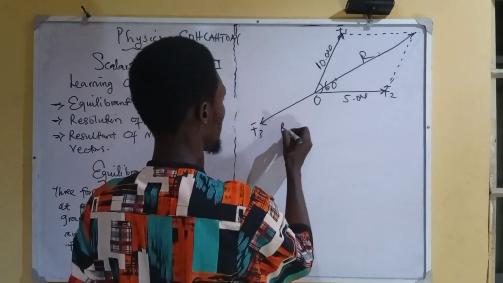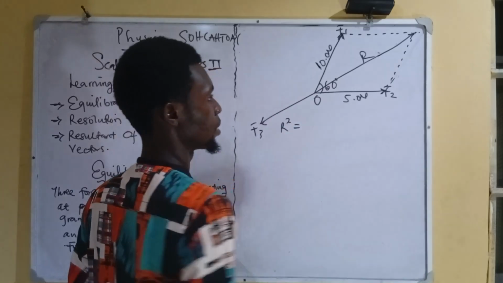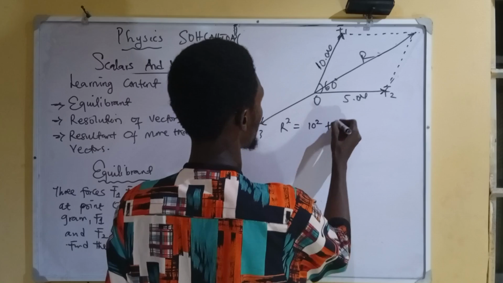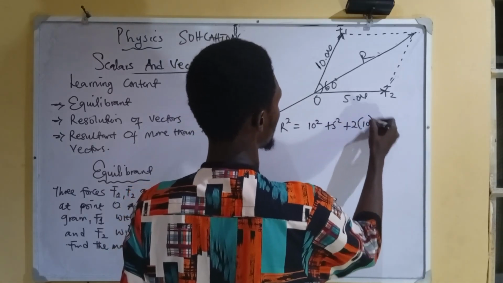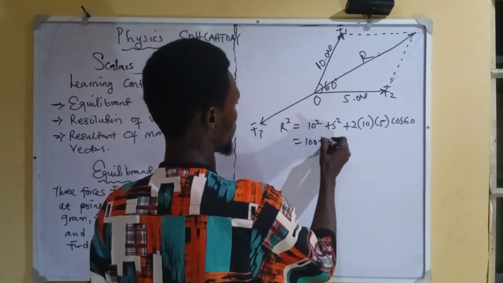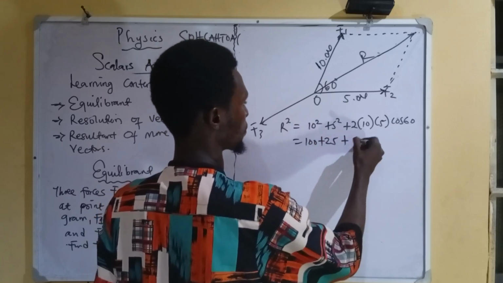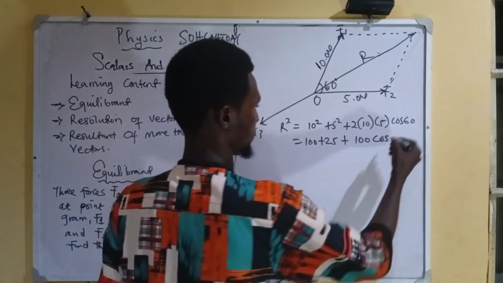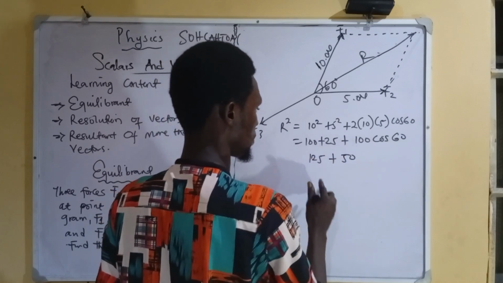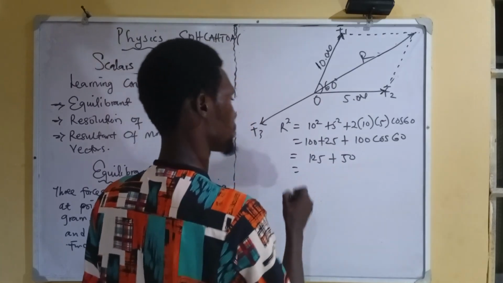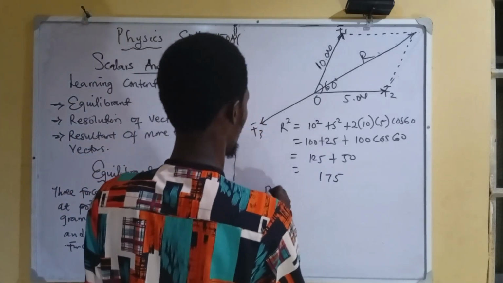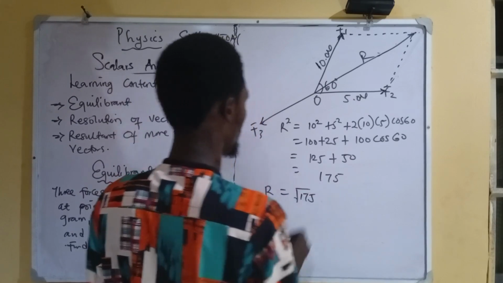So you have R squared, using your cosine rule, equals 10 squared plus 5 squared plus 2 times 10 times 5 cos 60. So you have 100 plus 25 plus 50, which is 175. R is the square root of 175.